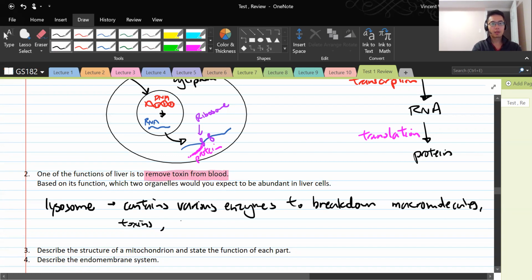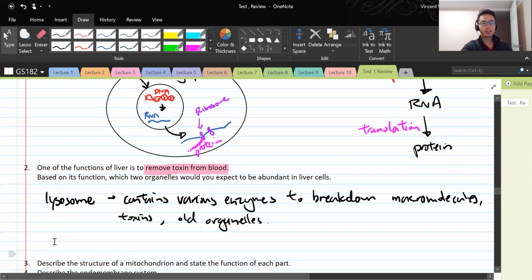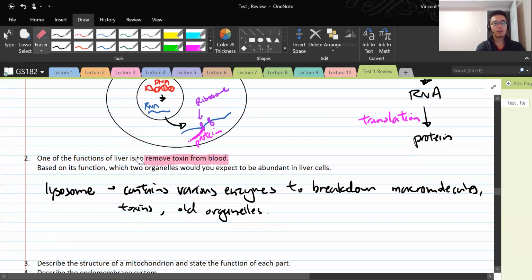Toxins, old organelle, right? It might even release all those toxins if the cell gets too old and kill the cell, right? Programmed cell death. Okay. So if the liver has to remove toxins, you definitely will see a lot of lysosome.